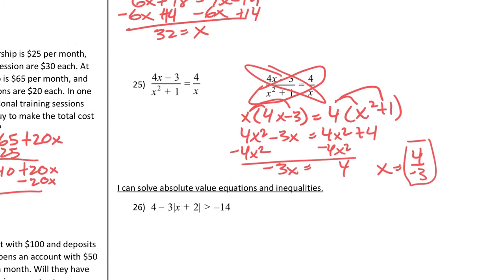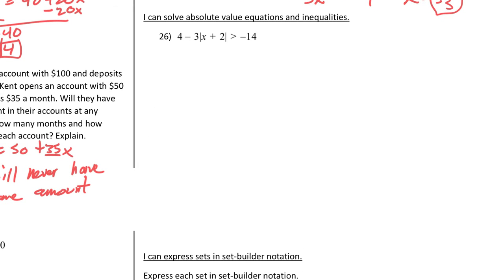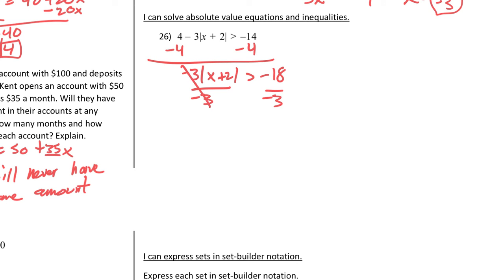Okay. 26 is, well, what I would do first is I would subtract 4. Negative 3 times the absolute value of x plus 2 is greater than negative 18. Divide by negative 3. And the absolute value of x plus 2 is less than, gotta switch it, right?